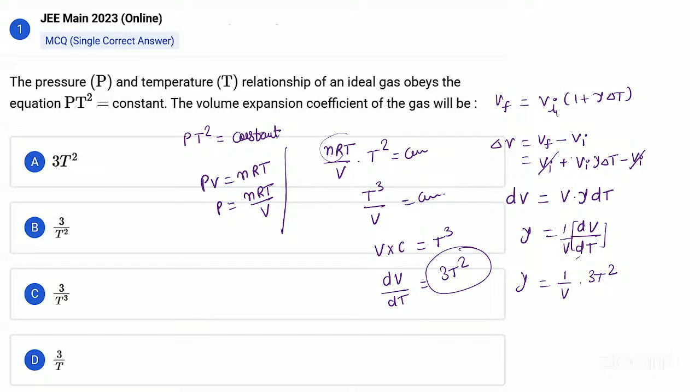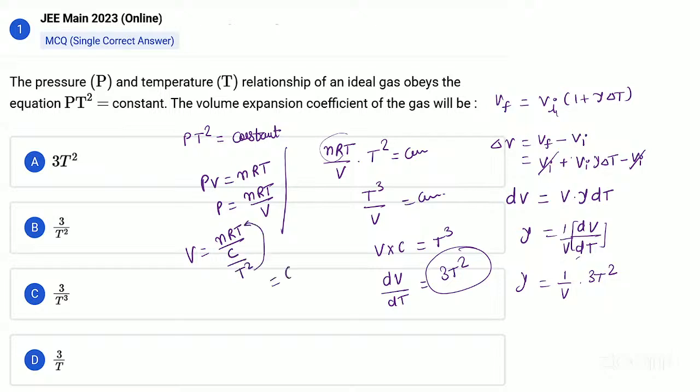Now, V we can write as, देखो, V will be written as nRT upon P, और P का वैल्यू हमें गिवन ही है, something constant divided by T square. So 1 upon V, I can write as constant upon T square. This will multiply up.